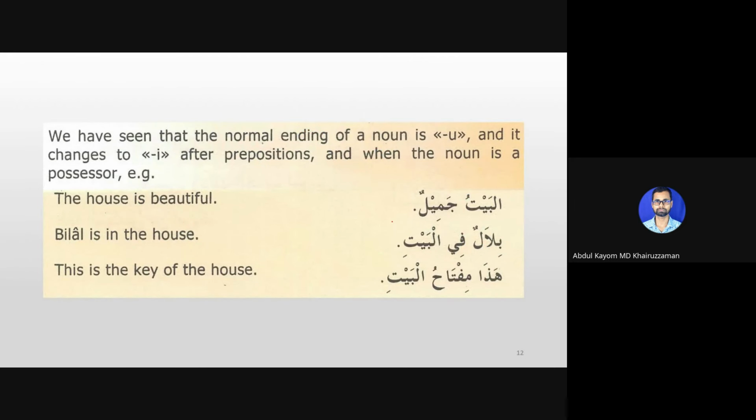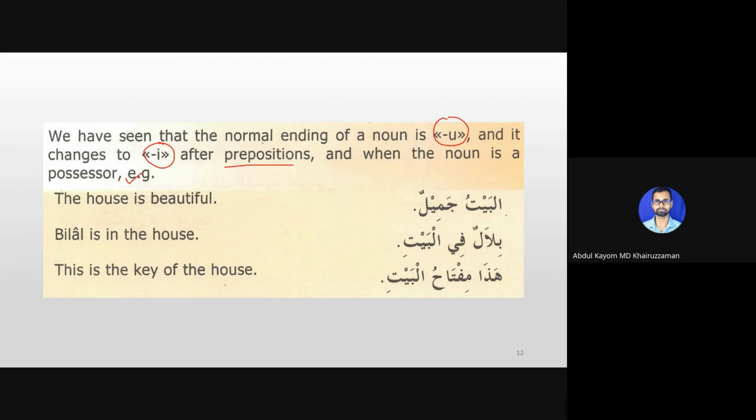Next, we have a few notes. We have seen that the normal ending of a noun is u, like kitabun, al kitabu. It changes to i, like fil kitabi, when we have a preposition before the noun, and when the noun is possessor, like kitabullahi.